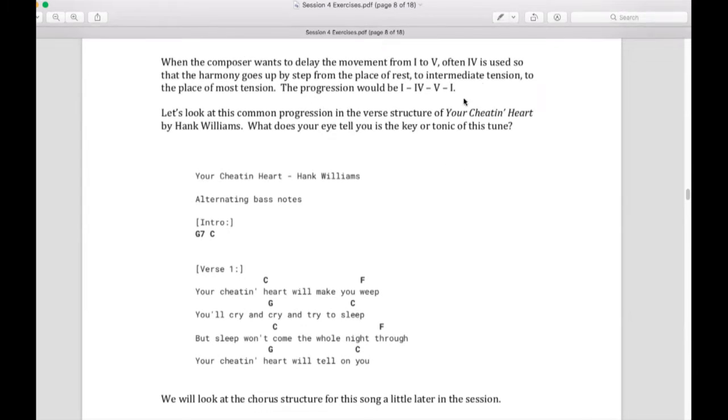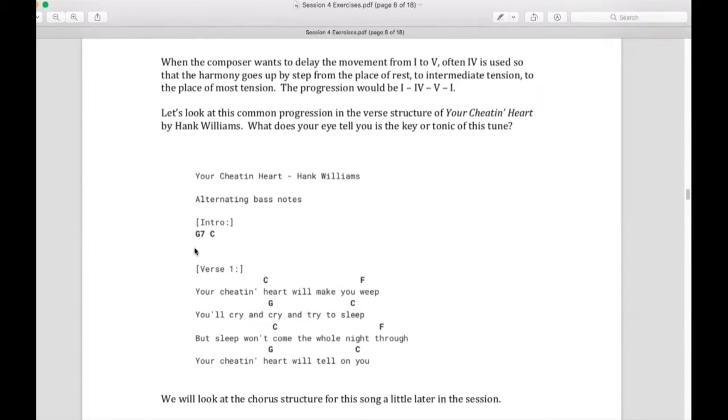Okay, so we're going to play this, and let me think. So 2 measures for each, 2 measures of 4 for each chord change, right? So we'll start on G7, 2 measures of G7.